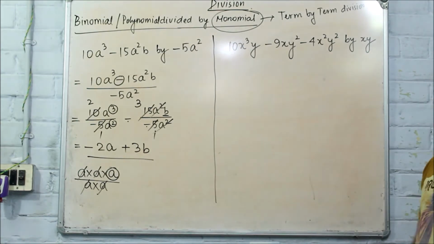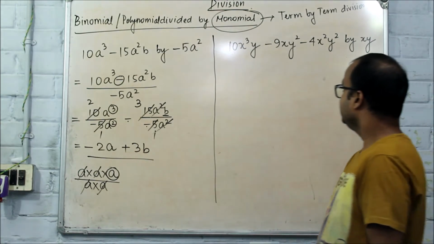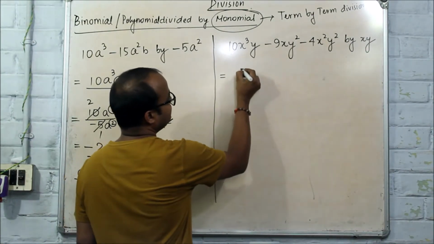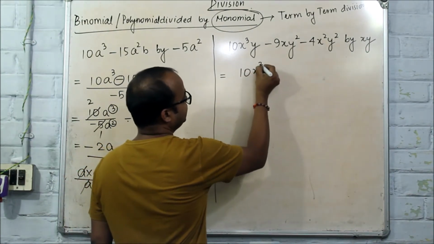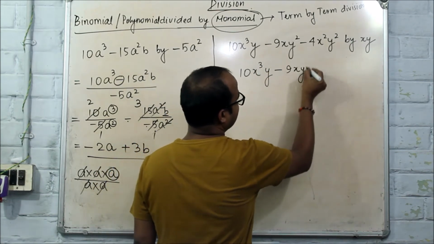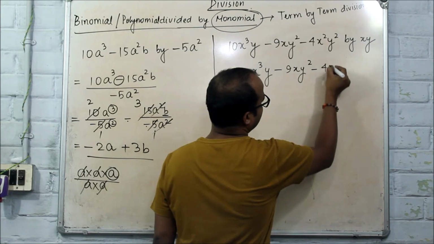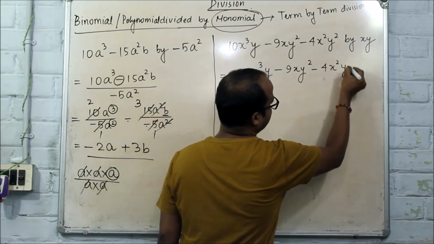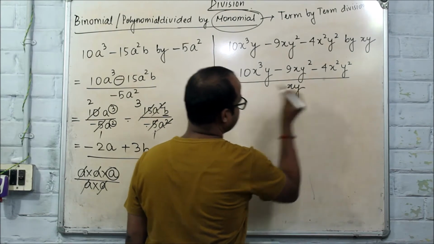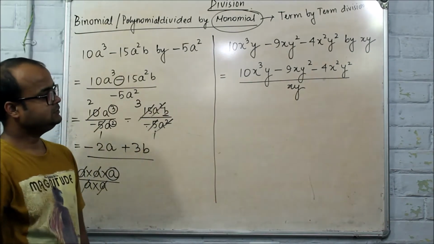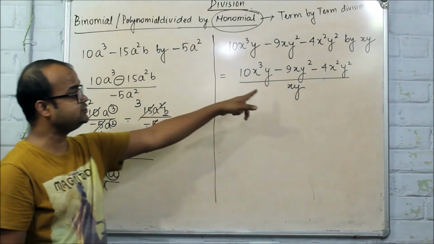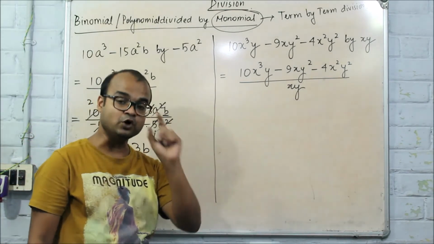Moving into this problem. First we write it as 10x cube y minus 9xy square minus 4x square y square by xy. 3 terms. Our process remains the same because the denominator is a monomial.